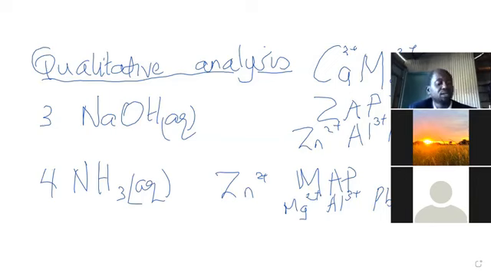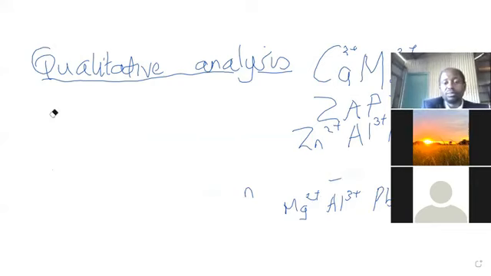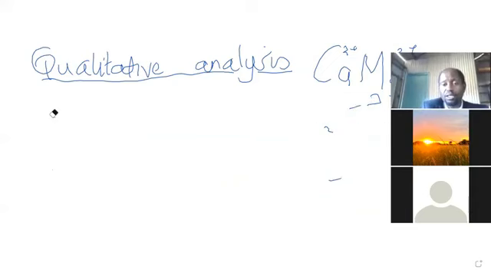Now, those four are the major solutions that are used to eliminatively identify cations. There are other solutions that are used to identify cations. That is sodium sulfate, or sulfuric 6 acid. So I will just give the name and the acronyms for the cations.